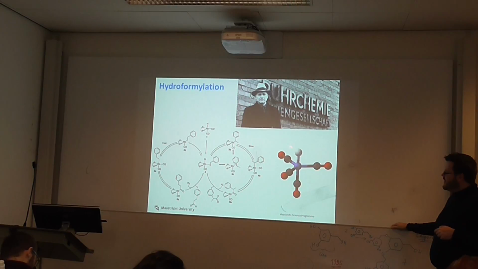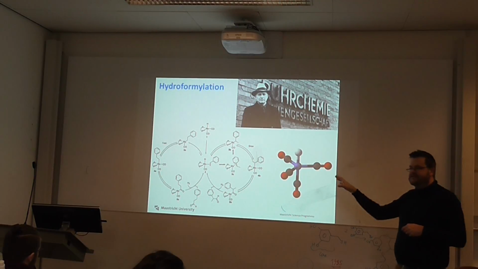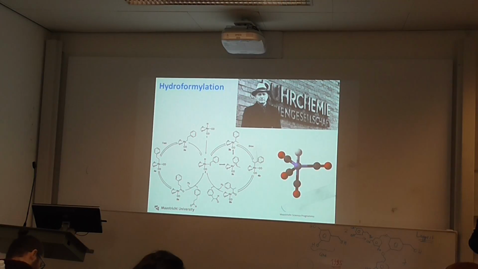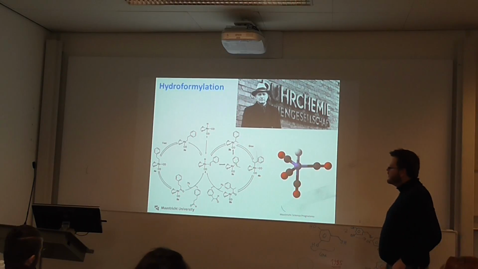The active species being this HCo(CO)4 complex generated, this doesn't exist in a bottle, it is generated from dicobalt octacarbonyl, remember, Co2(CO)8, upon reaction with hydrogen in the syngas mixture that we employ to make these complexes. And we looked at the catalyst cycle in detail.